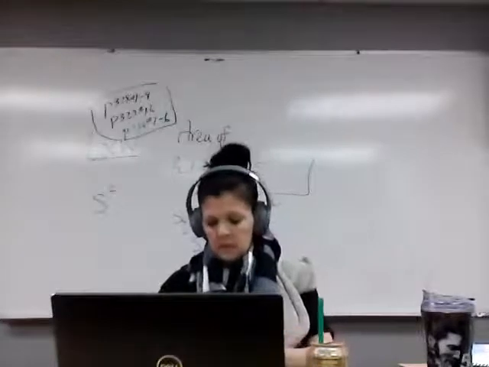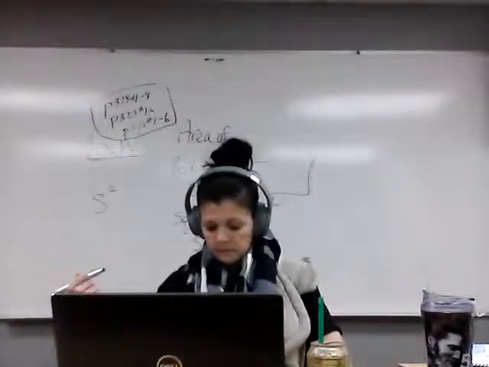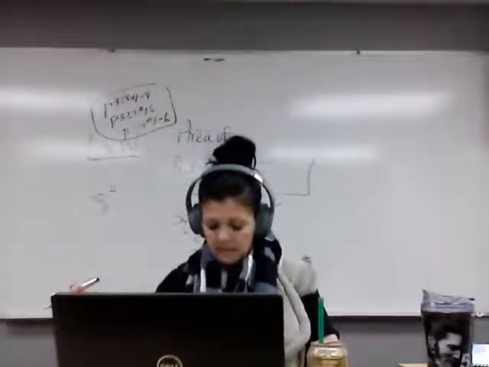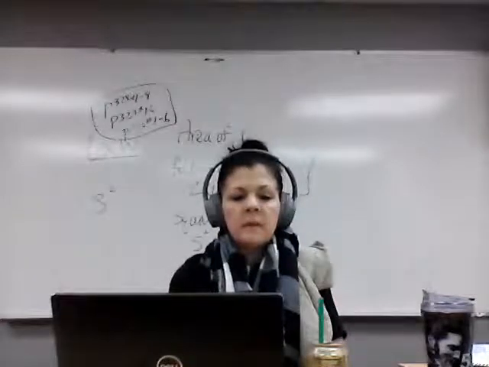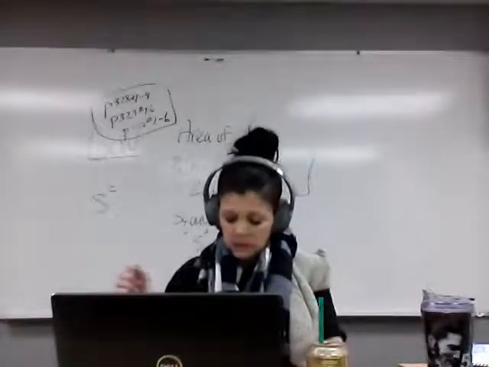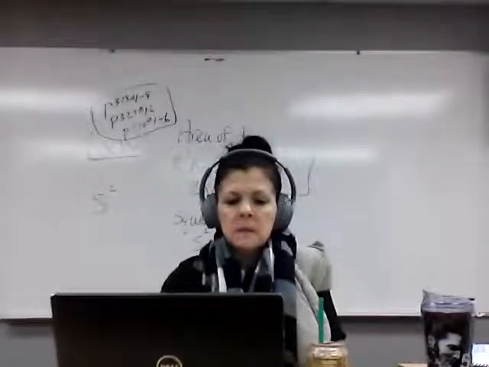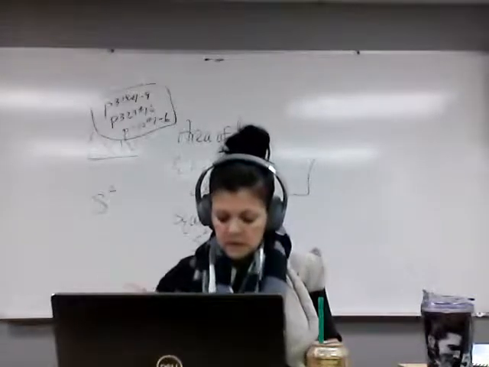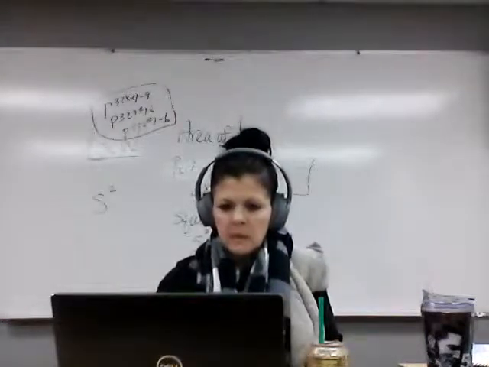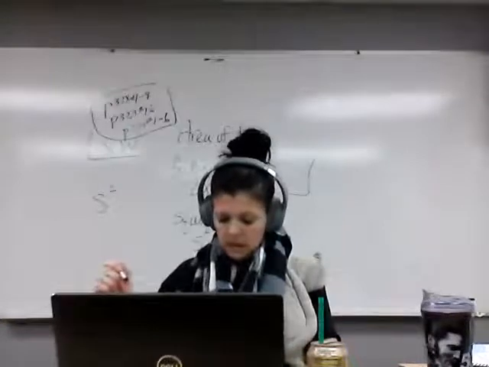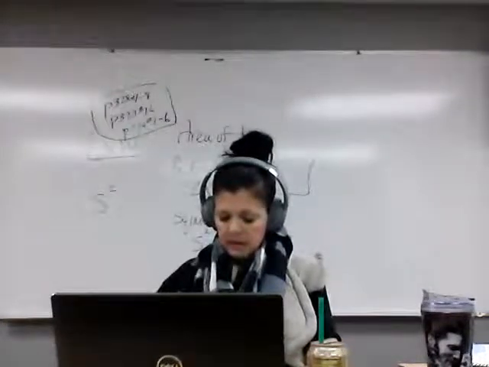Okay, so let's do 7. So first let's find the perimeter. So we're going to add 29 plus 18 plus 21 plus 38. Does everyone see that's just going around?